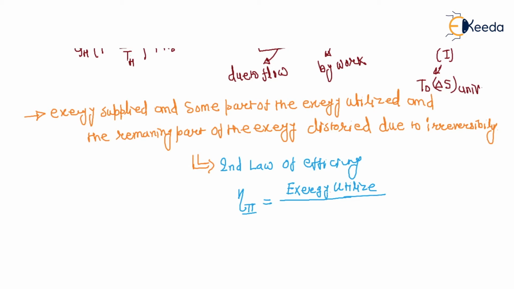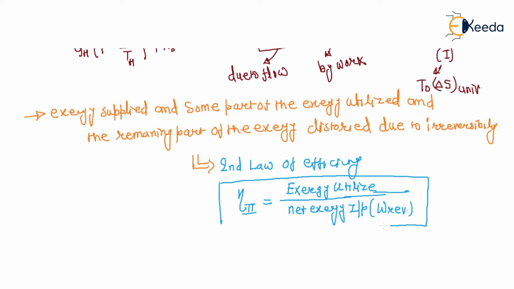This is your output. And what is input? Net exergy input due to reversible work. So this is your second law efficiency: exergy utilized to the net exergy input in the form of reversible work.